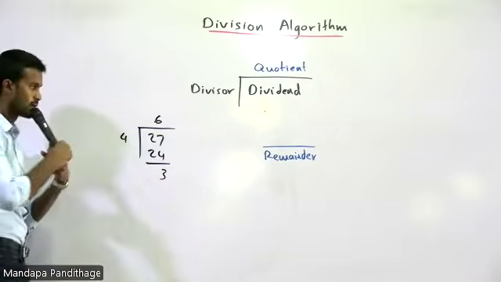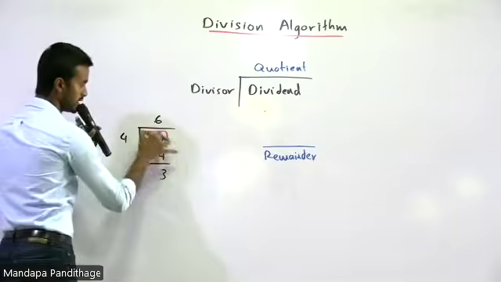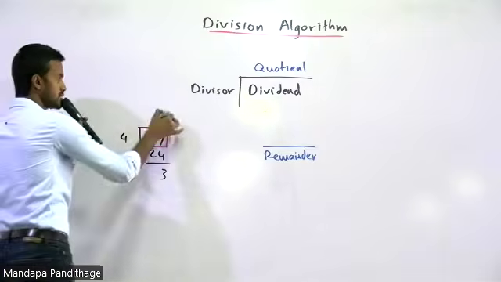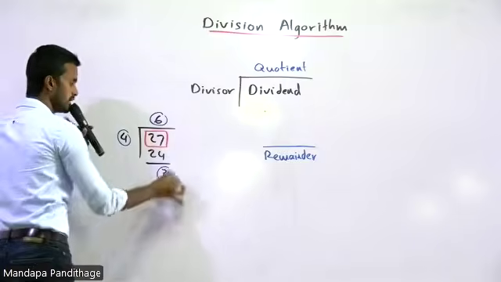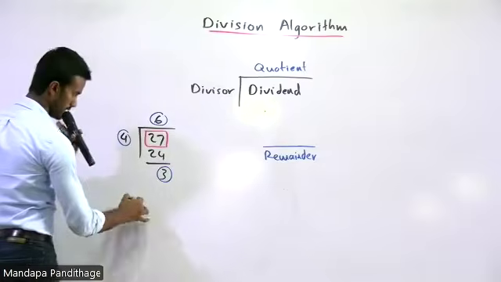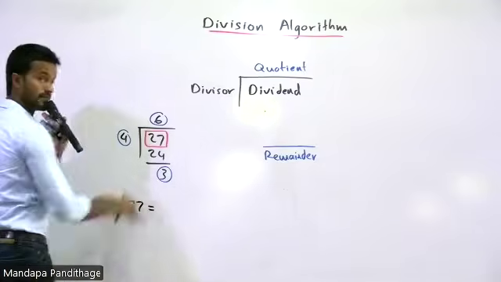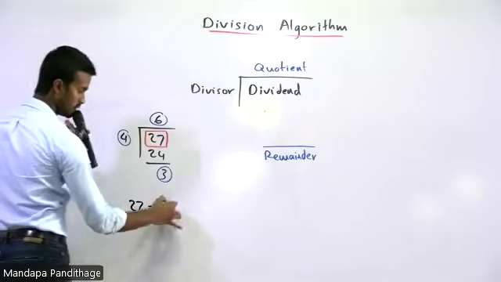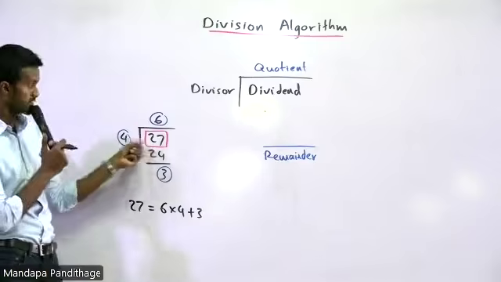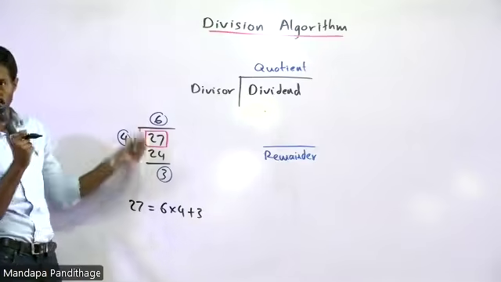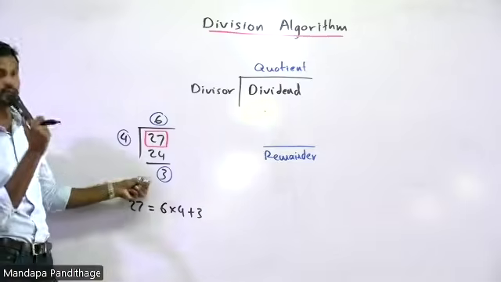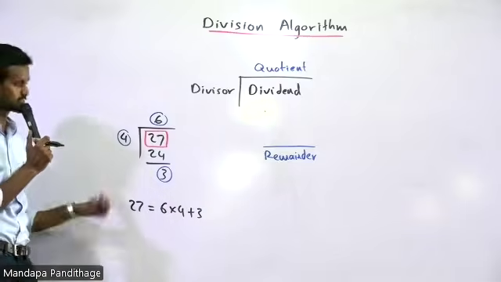If I ask you to write this 27 in terms of 6, 4 and 3, how can you write it? 6 into 4 plus 3. So that is true. When you divide by 4, you are getting the answer 6 and 3 is remaining. So when you multiply 6 by 4 and add that remaining 3, you should get 27. It is simple as that.